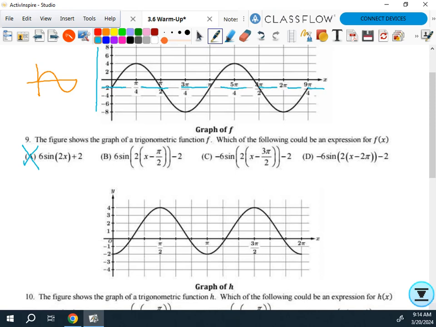We good on that? All right, so then the other thing is this. We want to make sure we know if we're going left or right, because that's really the only difference between these and a reflection. One thing that might help you, that I saw some people do last period, is that if this is my parent function, before I shift left or right, I'm going to draw that under here.